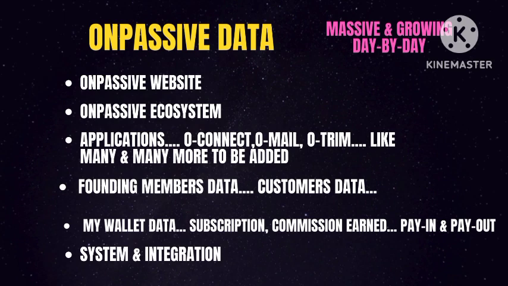Founders' data are stored when founders have joined the ecosystem, name and various other things, and various applications. OConnect is an application, OMail, OTrim, and there are various things and many more will be added. So founding members' data and customer data are all stored.